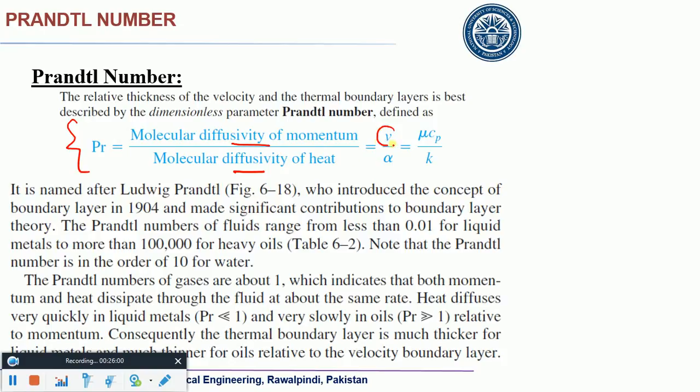This is the kinematic viscosity, which defines the molecular diffusivity of momentum, and this is the diffusion coefficient, alpha, which you have seen in the conduction studies. So this is nu over alpha. Once you plug in their values, you come up with mu Cp over K.